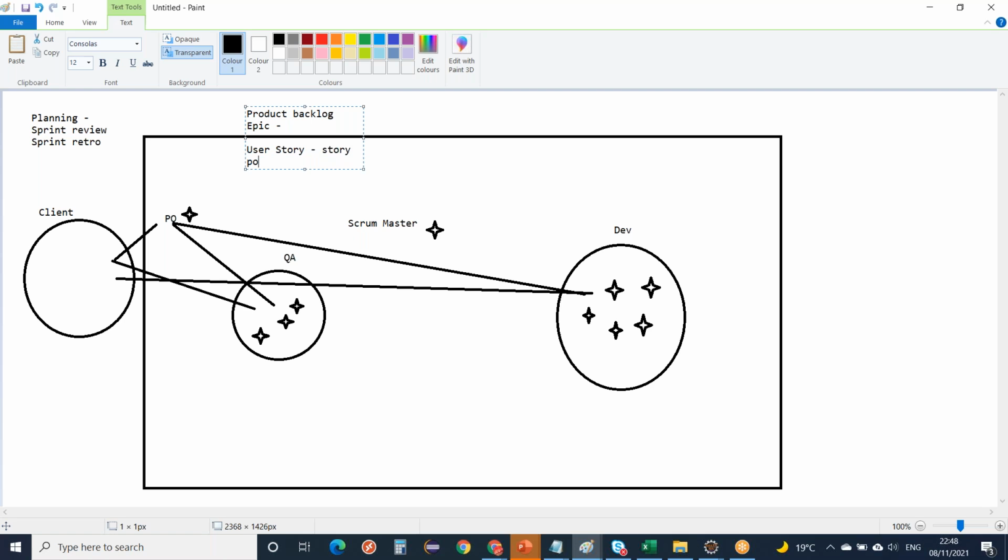Story point is how complex it is. What are the story points in general? 1, 2, 3, 5, like this, and 8.